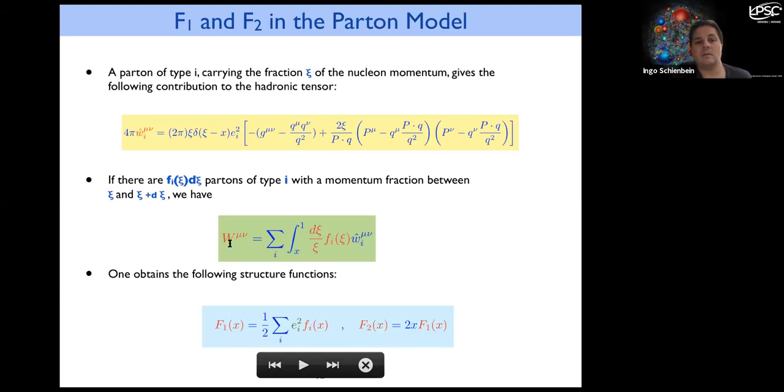And then the hadronic tensor is given by a convolution of this partonic tensor with the Parton density. The delta function here will make the convolution integral trivial, and you find the following structure functions. F1 is given by 1/2 sum over the electric charges squared times the Parton density of x, and F2 is 2x times F1.